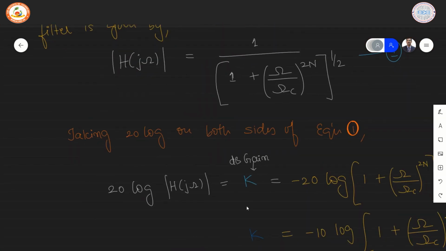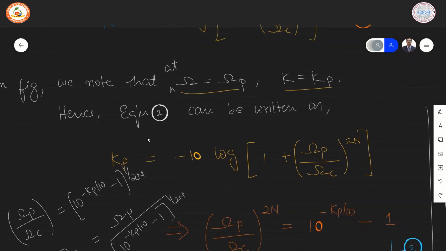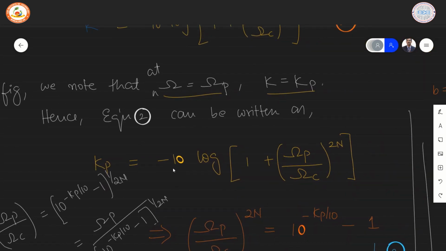Therefore, the result of the substitution can be observed here. The expression becomes Kp is equal to minus 10 times log of 1 plus (ωp by ωc) whole to the power of 2n. Once again, ω is replaced with ωp and K is changed to Kp.